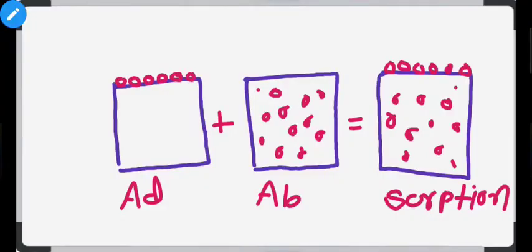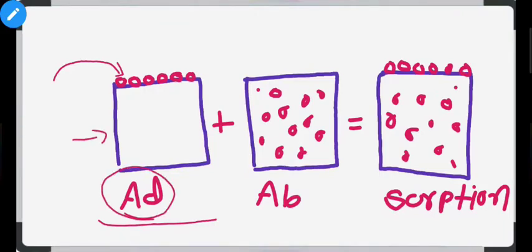Here is an example of adsorption, absorption and sorption. In the first example, the concentration of the substance is increased on the surface of the solid, so it is called adsorption. The concentration change occurs on the surface only. In the second case, the concentration of the substance is increased inside the bulk.